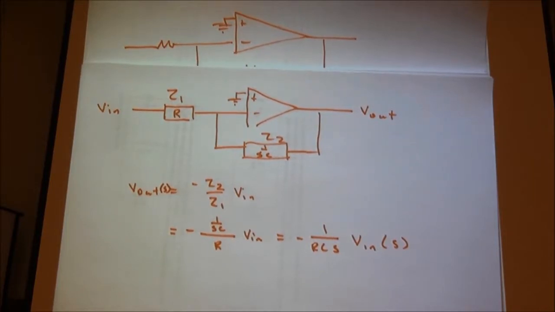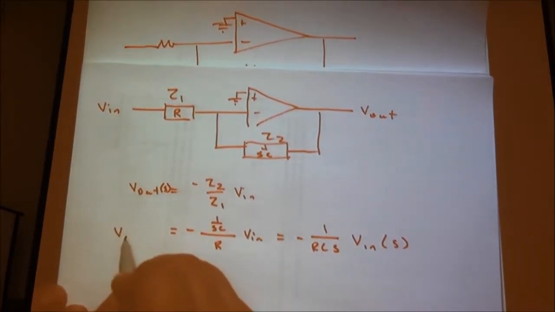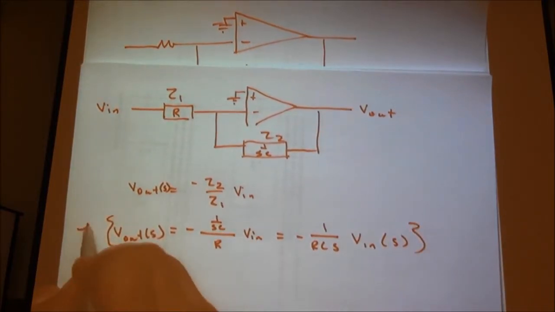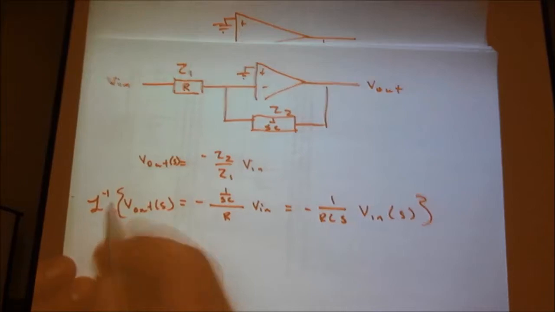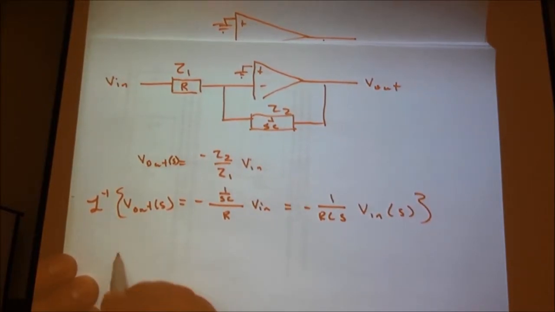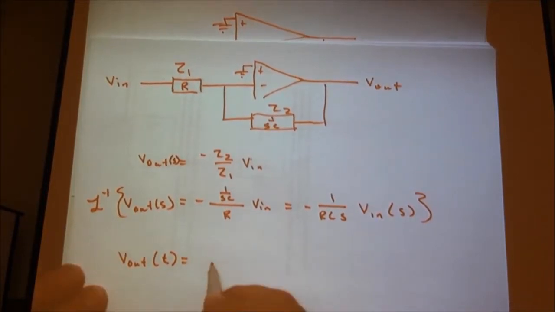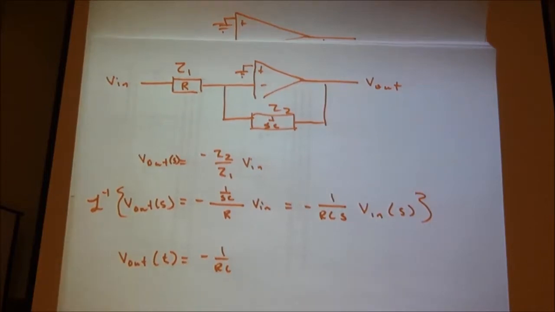So we want to take the inverse Laplace transform of that, V out of s. So brackets, inverse Laplace transform. And so, well, the inverse Laplace transform of V out of s is just V out of t. And that's the definition of the inverse Laplace transform. R and C are constants. Minus 1 over RC, and we have the inverse Laplace transform of 1 over s times V in of s.